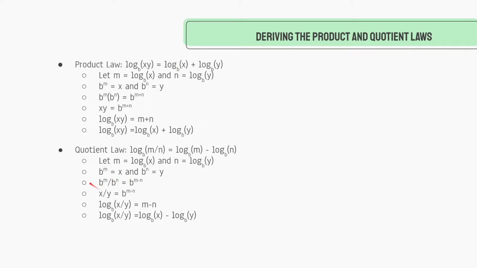Again, substituting the values in for b to the power of m and b to the power of n, we get x divided by y is equal to b to the power of m minus n. Rewriting this in logarithmic form, pretty simple, we've done this so many times. And now substituting back our values for m and n, we get our quotient law.